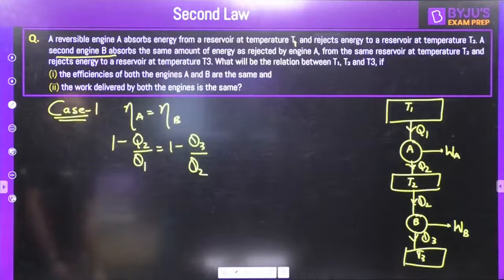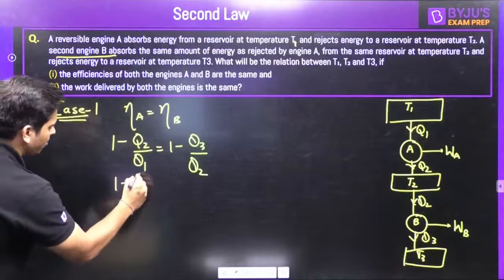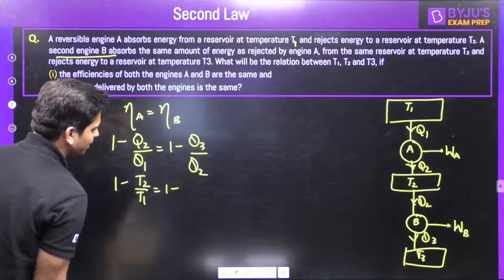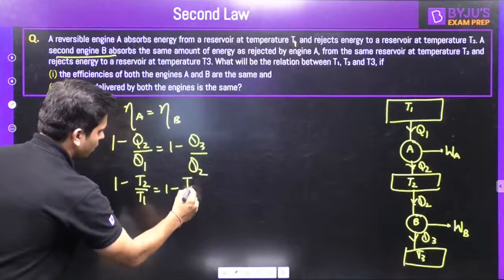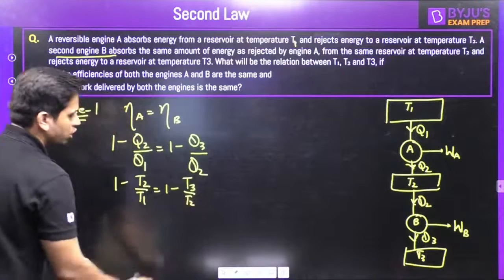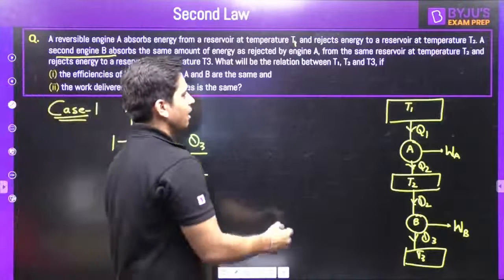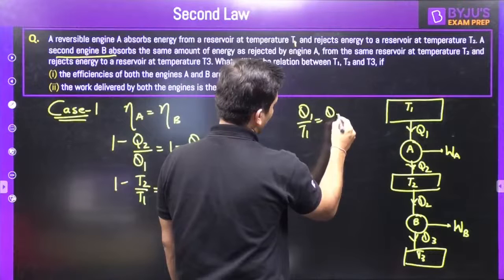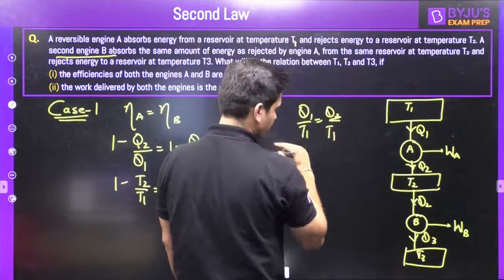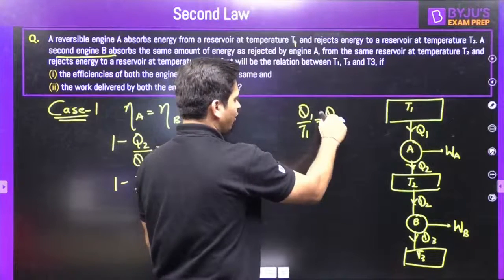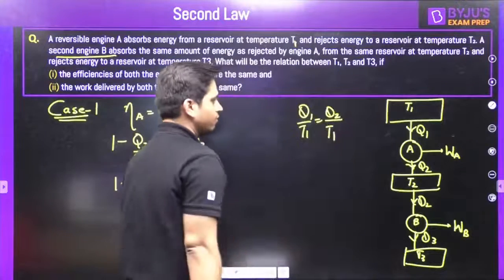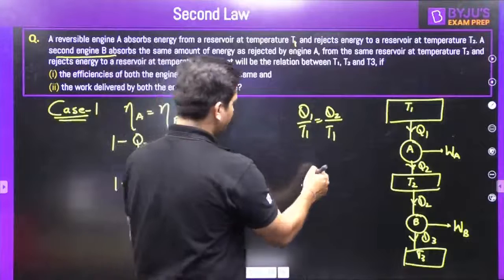If it is a reversible engine, I can write 1 minus T2 by T1 is equal to 1 minus T3 by T2, because for a reversible engine I can say Q1 by T1 is equal to Q2 by T2. Only for a reversible engine can I say this.